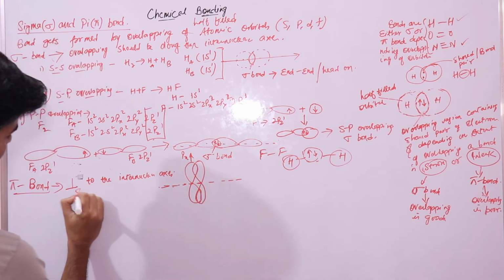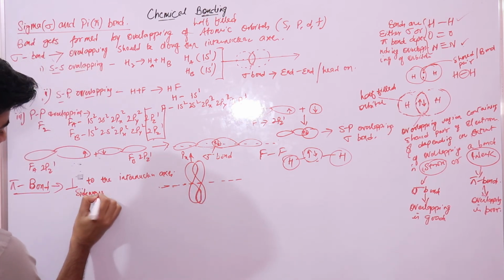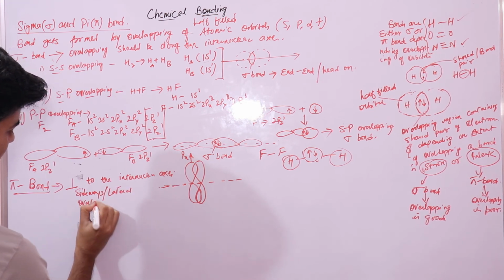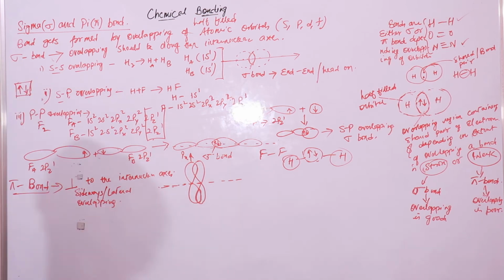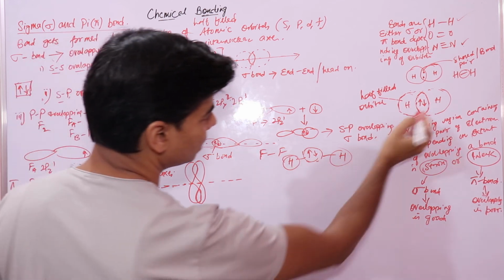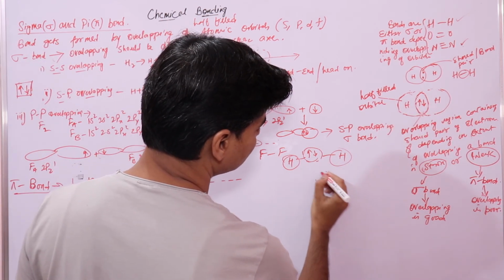This is your sideways or lateral overlapping. This is formed by overlapping of pp orbitals, the pi bond. And the overlapping is to a small extent. That's why it's a weak bond. And the electron cloud is unsymmetrical. If you look at the electron cloud of the sigma bond, it's like this.